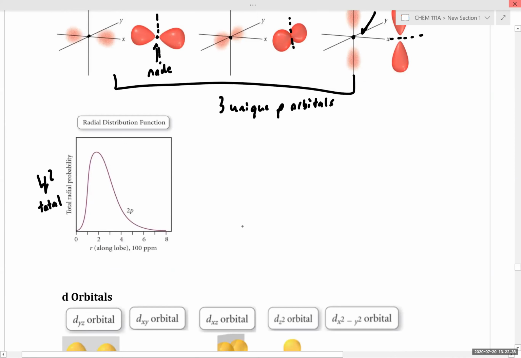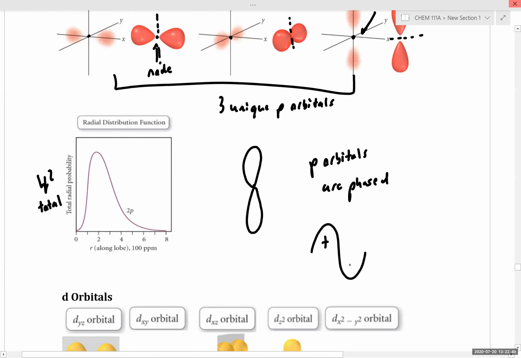Now, just as a side note, if you're drawing a p orbital, p orbitals are phased. Just like a wave has regions of positive and negative amplitude, our p orbital has regions of positive and negative amplitude. Especially as you'll be using this idea in organic, and when we talk about orbital overlaps, this is going to be critically important.